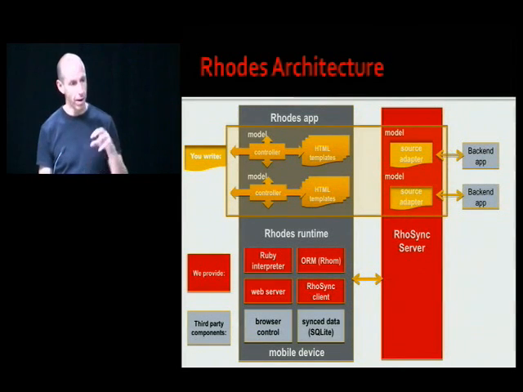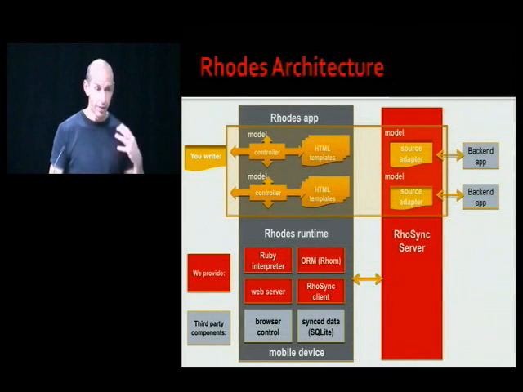So what we do is we use the browser component that ships with whatever smartphone OS is there. And the good news is that in 2009, you've got really good embeddable browser components for all of these platforms. And nobody can tell, once you build your app, that it's written with that browser component.